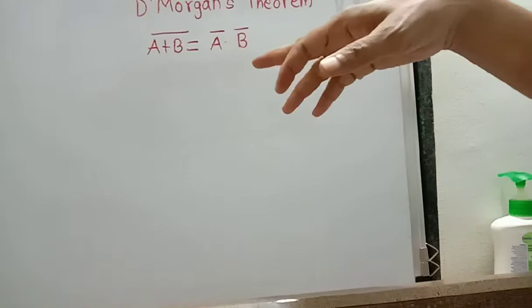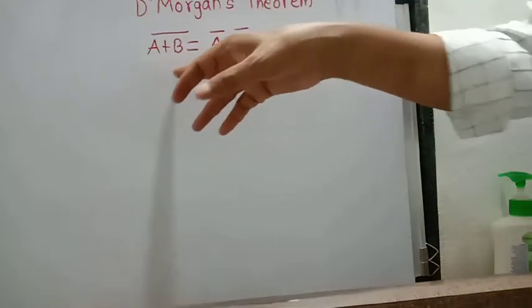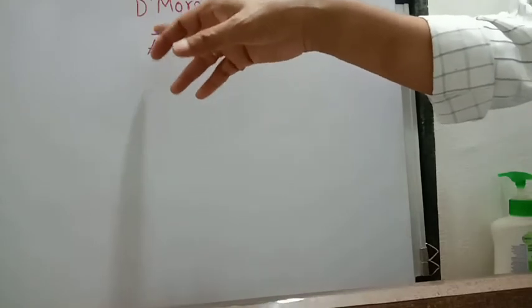So what is the equation of a NOR gate? The equation of a NOR gate is Y equals (A plus B) bar.